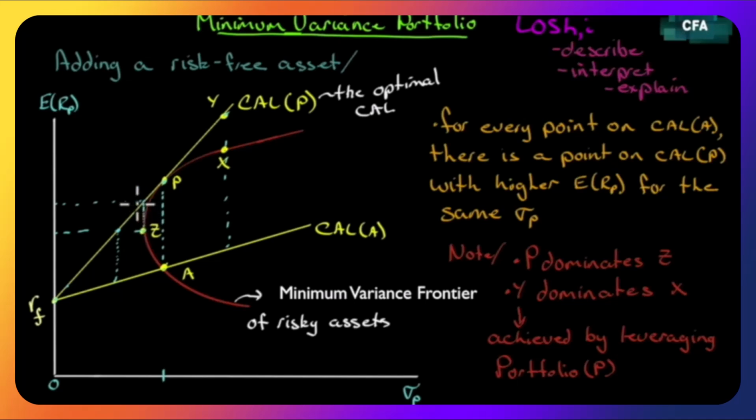Now earlier I said, well, if you have an asset with a specific return and you're trying to get a higher return, you certainly would not combine an asset that has a lower return. You would combine an asset that has a higher return. Well, that's exactly what we're doing. To get a higher return than Z, we're not adding a risk-free asset to Z. We're moving up the curve to P, which has a higher return and higher risk, and we're adding the risk-free asset to that to bring it back down.